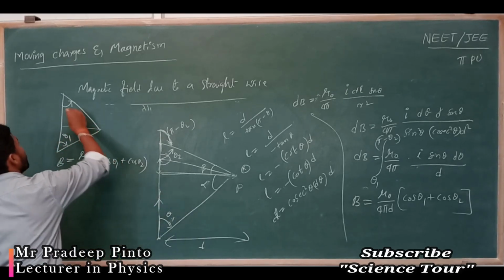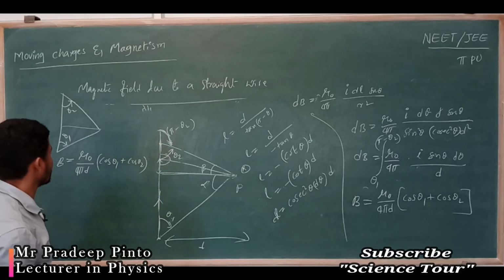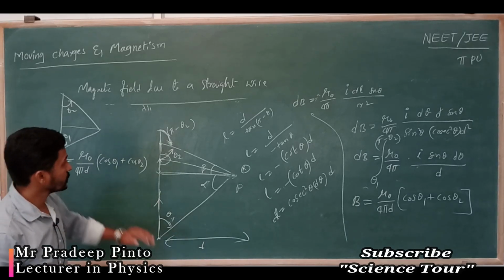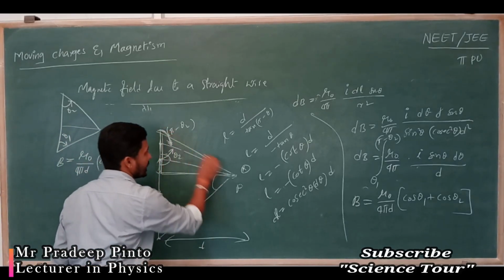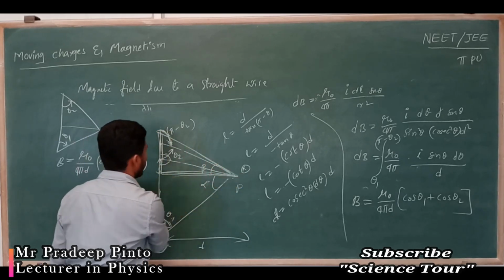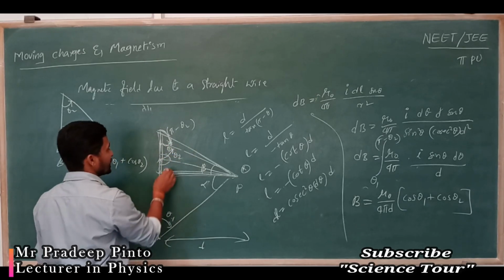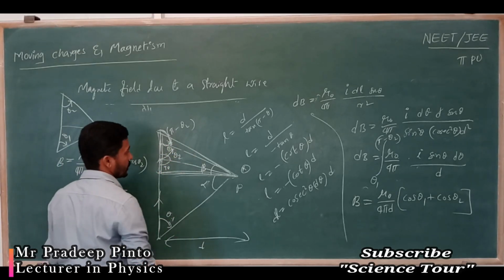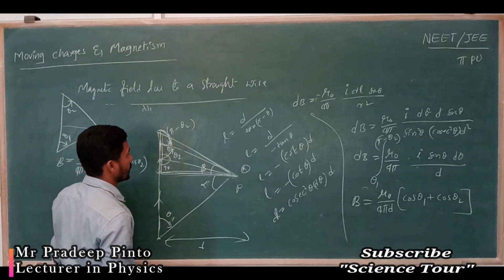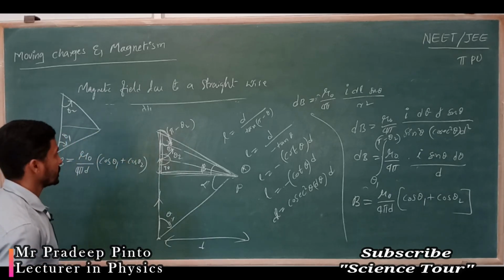Other cases I will discuss later. Now suppose this is the right angle triangle, no? So this is beta, this is theta 2, this is 90.